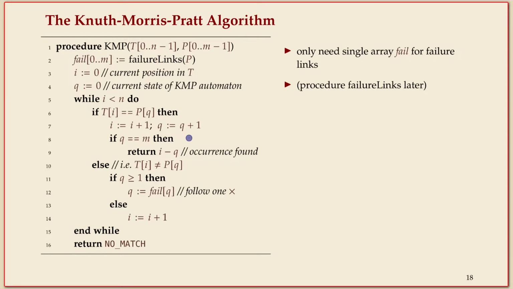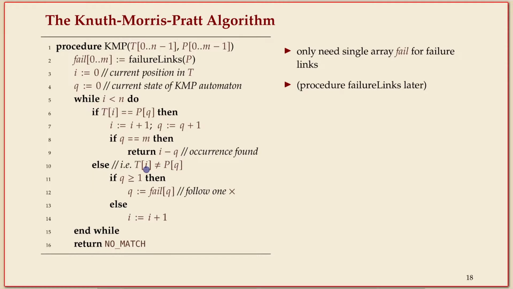That's the easy case. If we reach that way the accepting state, we can return the occurrence that we found. And again, I is the position in the text that we compare, so you have to go back Q steps to get the return value, which is supposed to be the starting position of the pattern in the text, so hence the I minus Q.